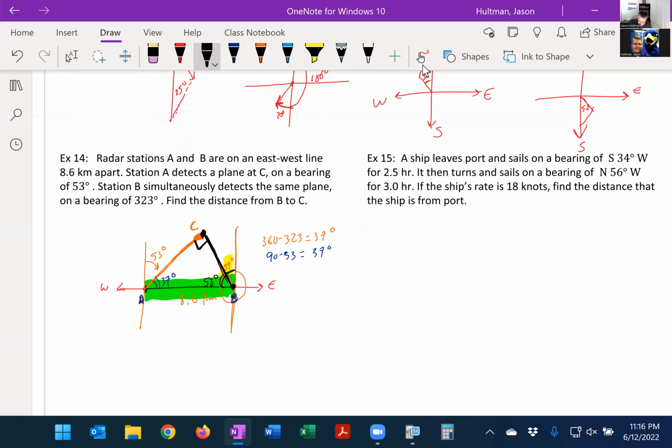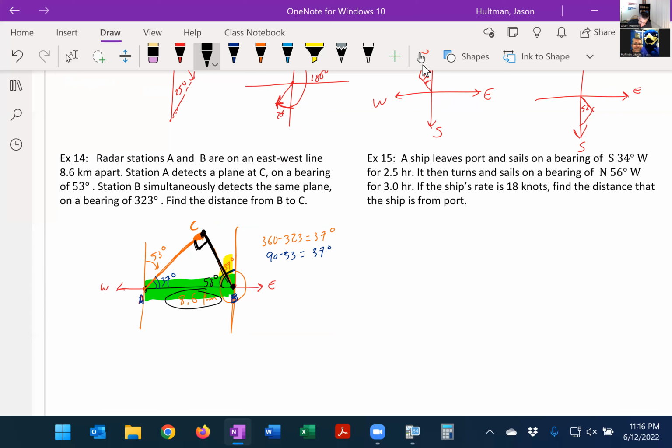Well, I have the angles and I have the hypotenuse. Remember, the right angle is at point C. We could call that angle C, and so that's a right angle. And so we have the hypotenuse here of 8.6 kilometers, and we want to find this side BC.